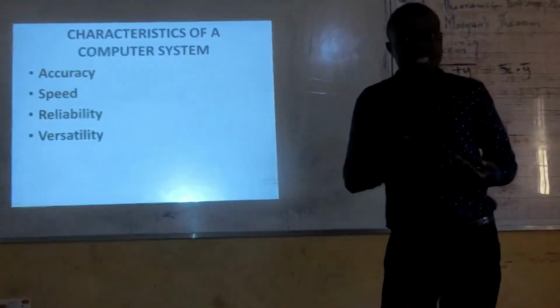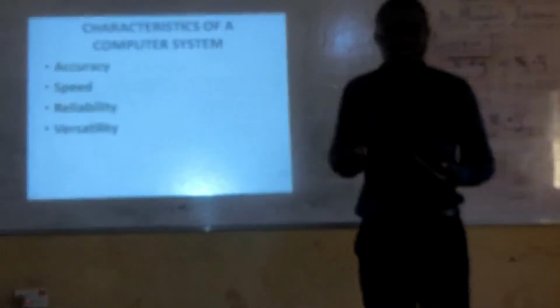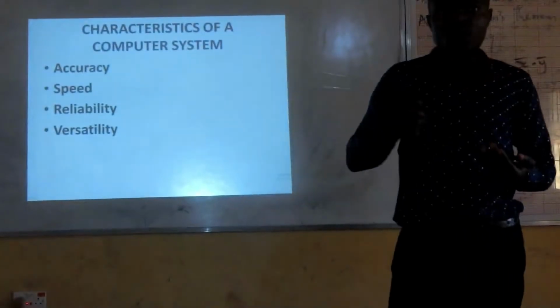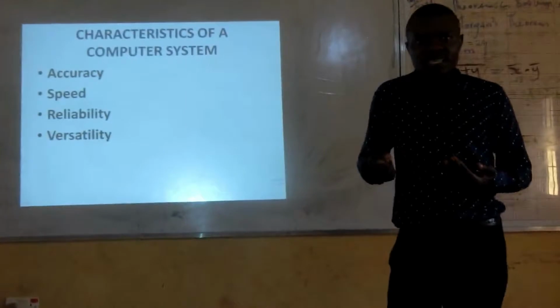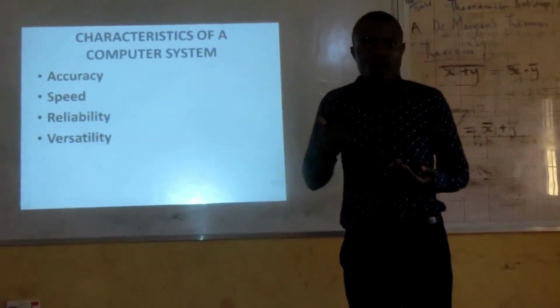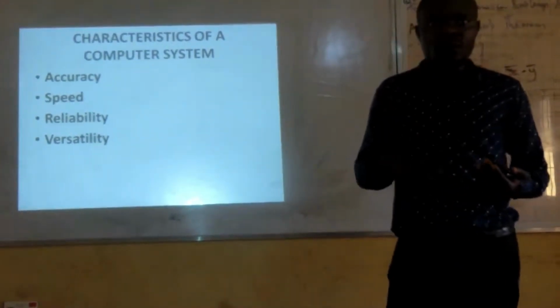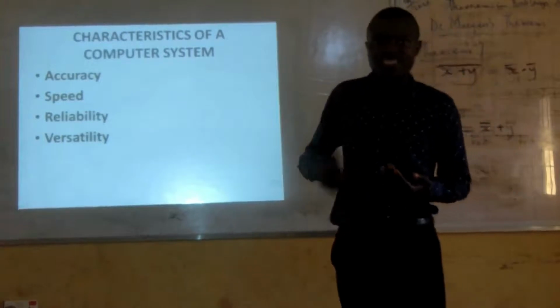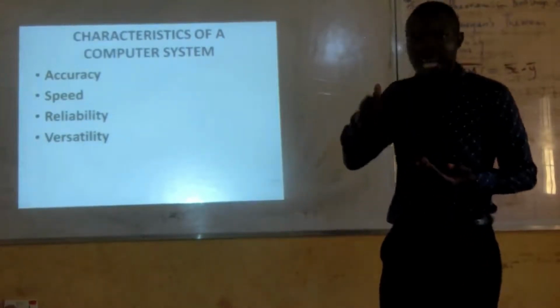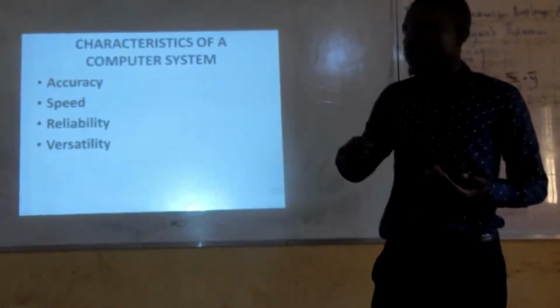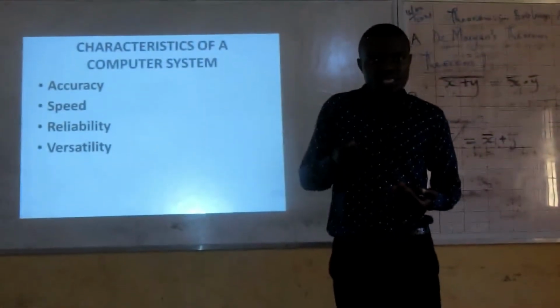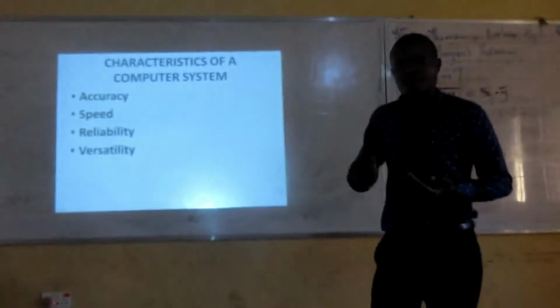Computer produces an accurate result. Speed of operation. Computers have a very high speed of operation. The work that a human being can do, a computer will do in milliseconds. Reliability. You can rely on the output produced by computer.